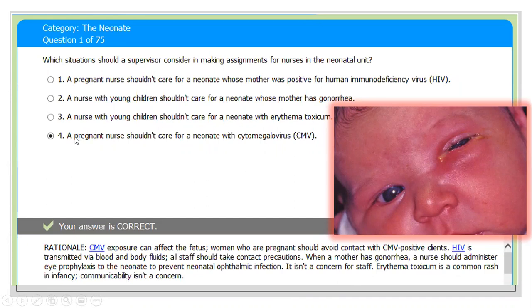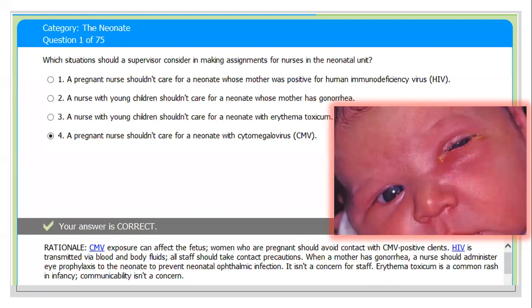So only a pregnant nurse should not care for the neonate with a cytomegalovirus infection. As I told you, if the mother has gonorrhea, the baby may have ophthalmia neonatorum because the baby is infected from the mother through the delivery process. Ophthalmia neonatorum refers to any conjunctivitis occurring in the first 28 days of life.